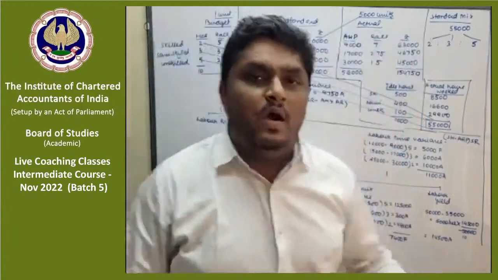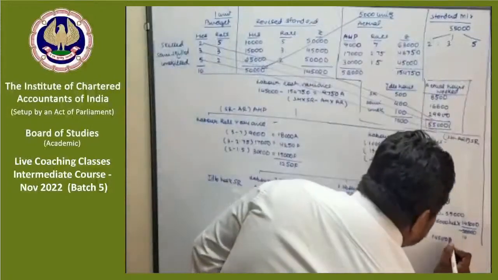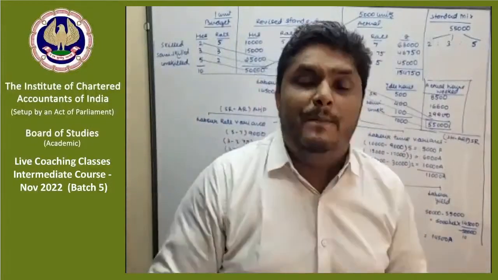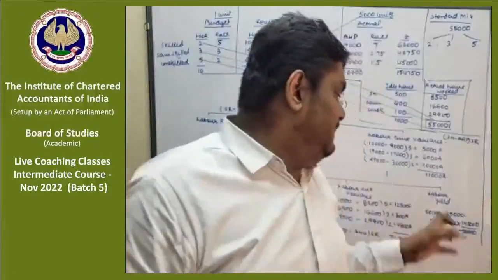It is adverse because the work was supposed to be completed in 50,000 hours, but we completed it in 55,000 hours. It means we worked inefficiently.